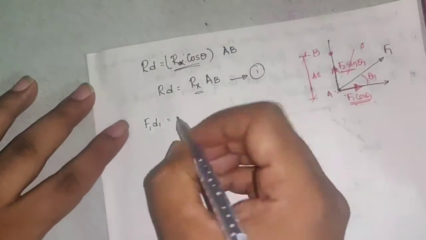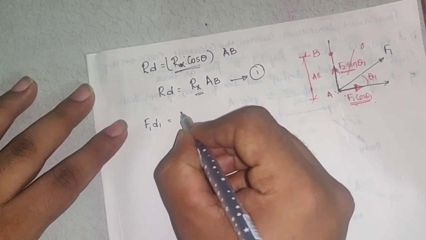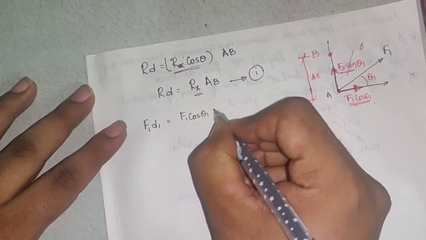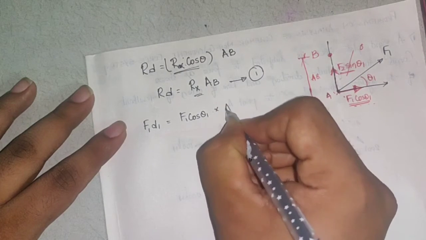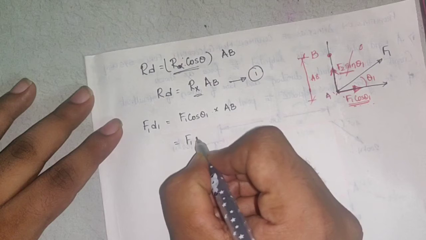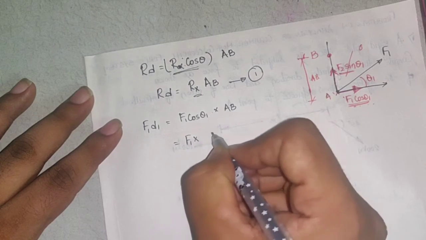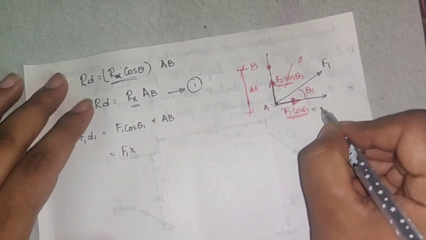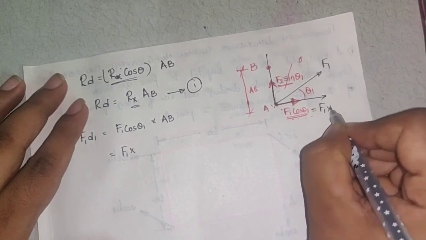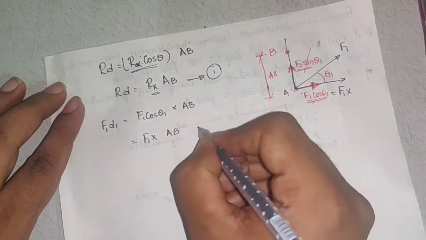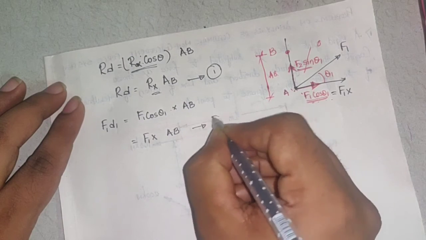So F1 into D1 will be F1 cos theta 1 into AB, or I can write this as F1x into AB, because it is acting in the horizontal direction. So this is equation 2.